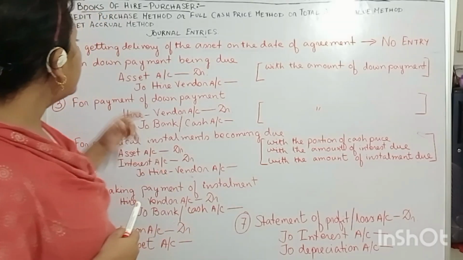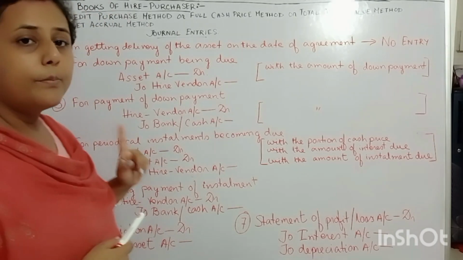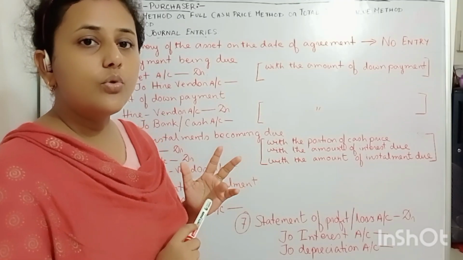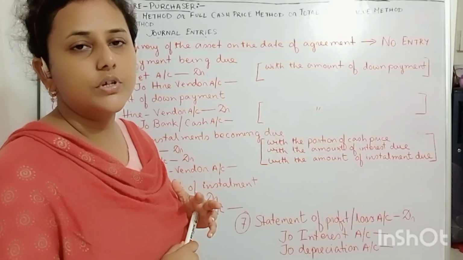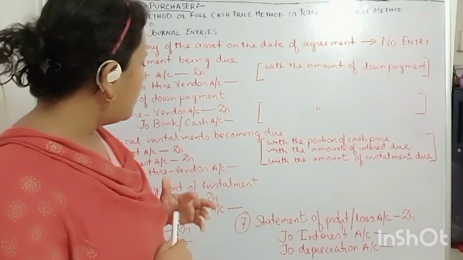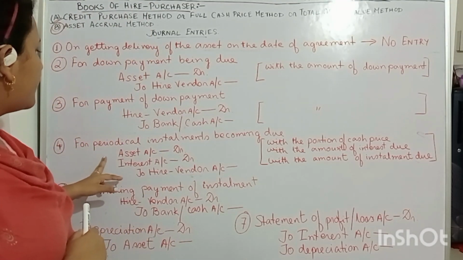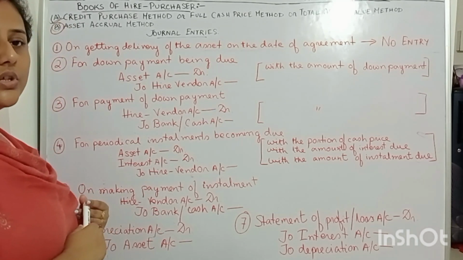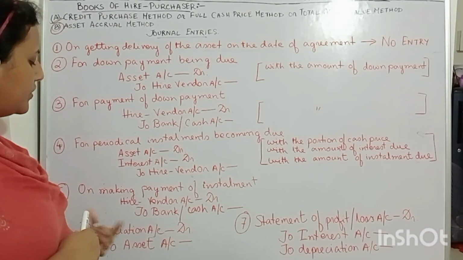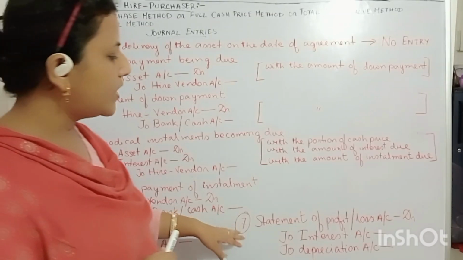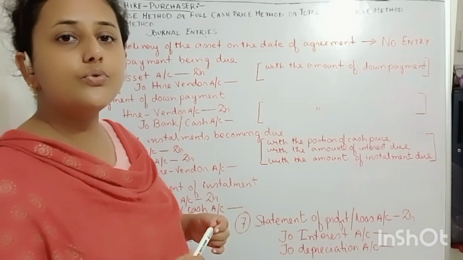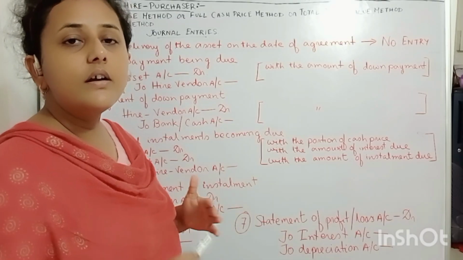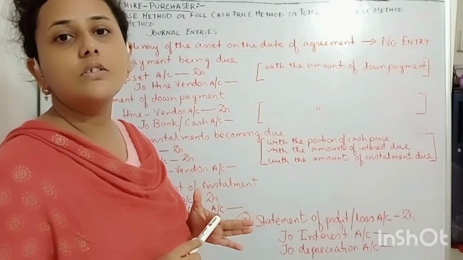These 3 journal entries will be recorded only once in the books of hire purchaser. But these 4 entries, for periodical installments becoming due and payment of installments, charging of depreciation, and then transfer of interest and depreciation to statement of profit and loss account, are passed year after year until the last installment is paid.